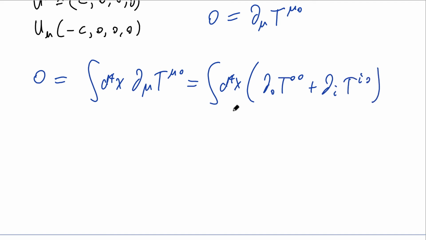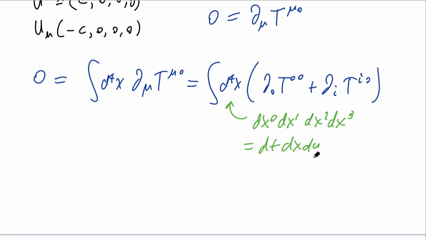Now the d⁴x is dx⁰, dx¹, dx², dx³, and dx⁰ is c times dt. But let me just go ahead and drop the factors of c, set c equal to 1. And let's just write this as dt dx dy dz, just for simplicity.